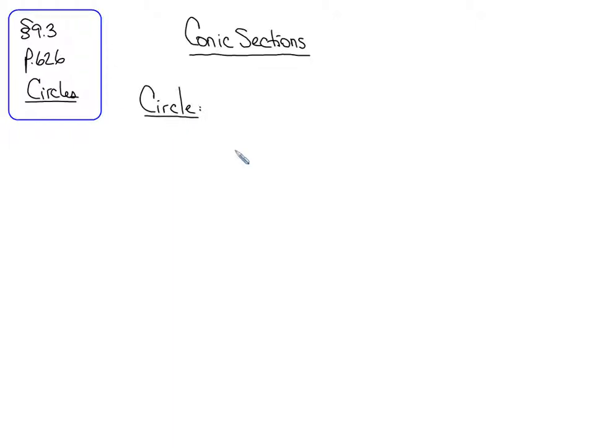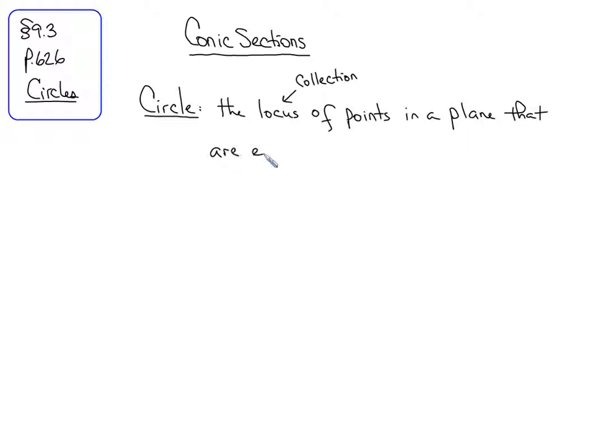The definition of a circle, guys, is the following. A circle is the locus of points. Locus means collection. The locus of points in a plane, so it's a flat shape, that are equidistant.